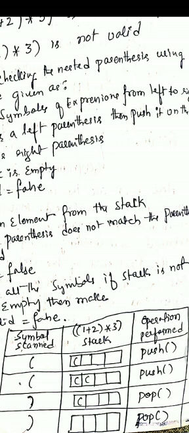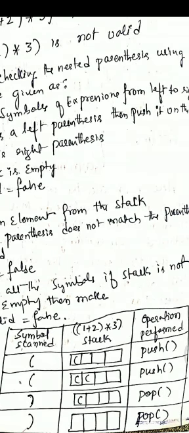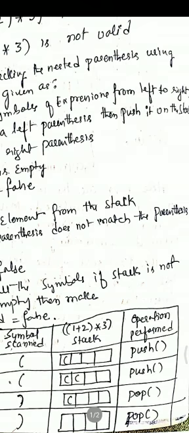Then we jump to the else part, as mentioned in the procedure itself: pop an element from the stack. You could see that when a right parenthesis occurred in the second column, I removed one parenthesis from the stack, and in the third column I mentioned the operation performed as pop.